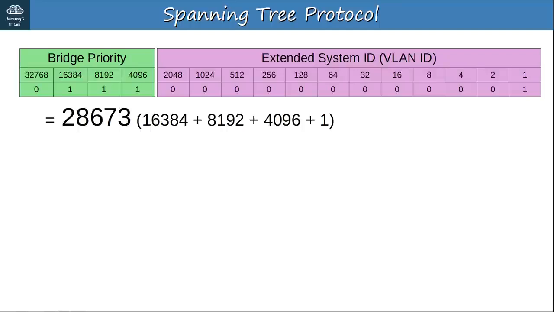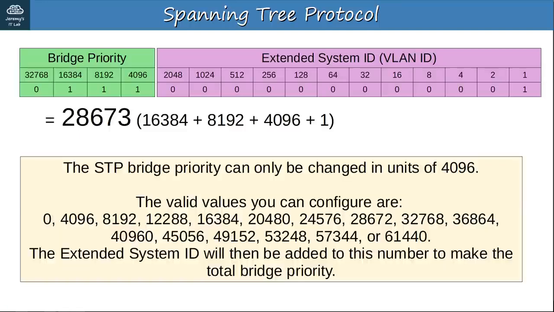I could reduce it more, of course, but the point is this. The STP bridge priority can only be changed in units of 4096. So the valid values you can configure are listed here, starting from 0 and increasing in units of 4096. The extended system ID will then be added to this number to make the total bridge priority value.